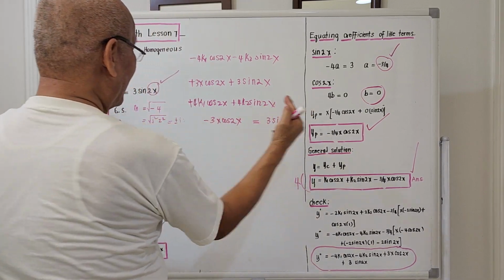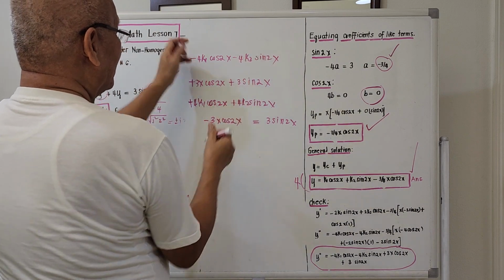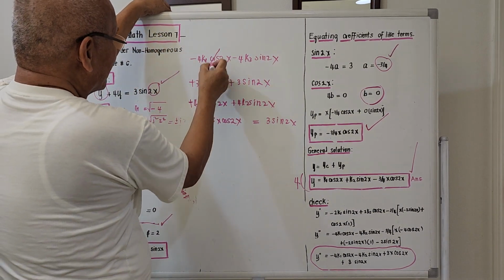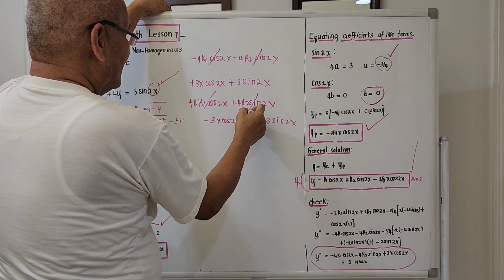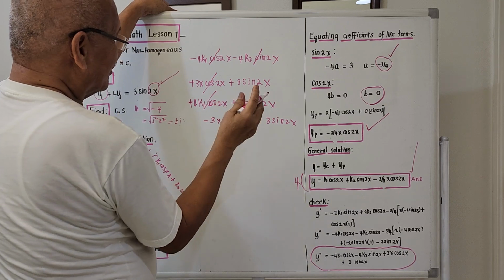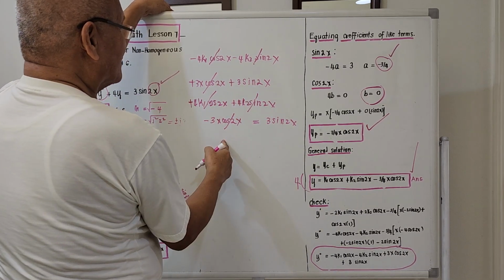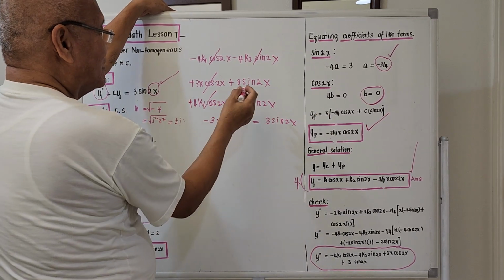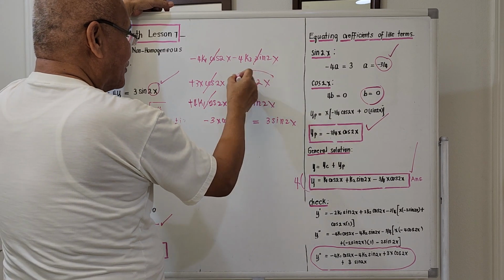Because the right hand side is actually y double prime plus 4y. It is all of this. And if we try to simplify, this one here cancels with this. 4k2 cancels with this. 3x cosine of 2x cancels with this. So actually what cancels are 1, 2, 3, 4, 5, 6. And what remains, after taking the addition of y double prime plus 4y, is 3 sine of 2x.